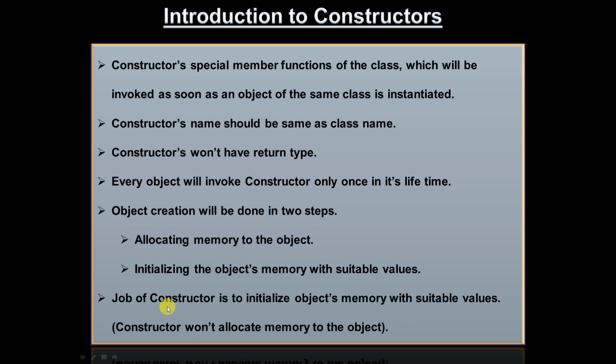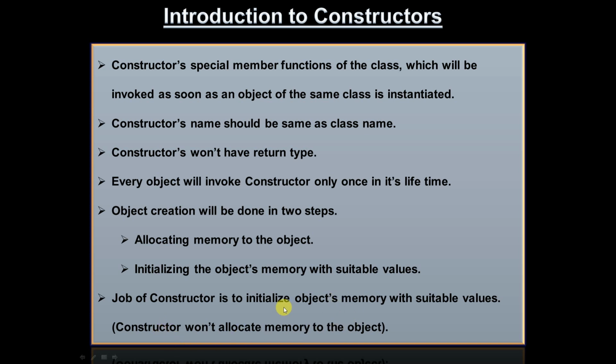If the object has pointer attributes, then for those pointer attributes it will also initialize some memory by allocating on the heap. Allocating the object's memory is not possible with constructors; they are just for initializing the object's memory.